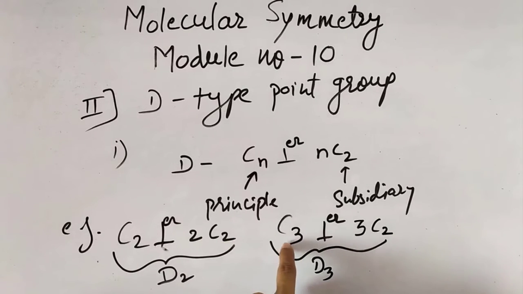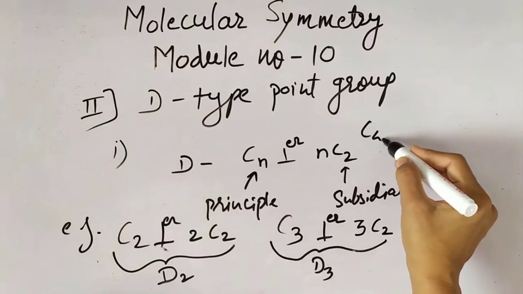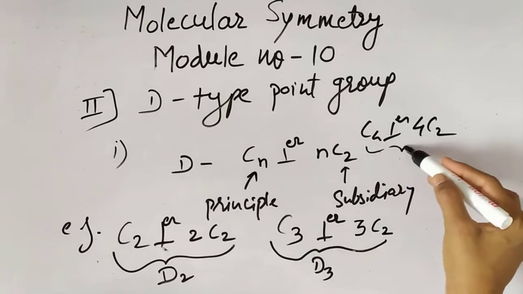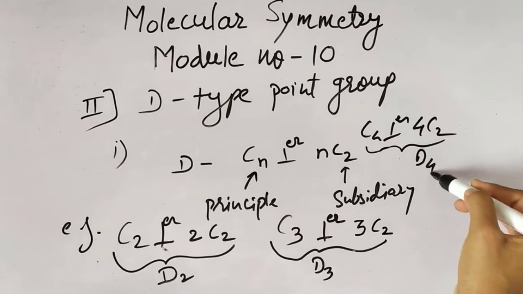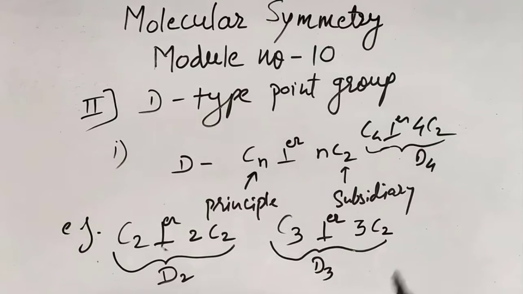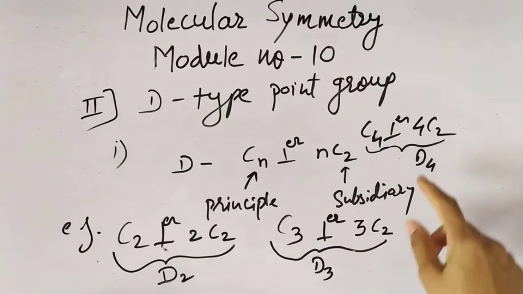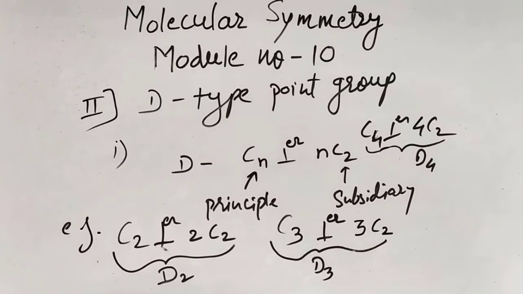Suppose I have C3 perpendicular to three C2s, then I will say that it is D3. Suppose I have C4 perpendicular to four C2 axes, then combinedly it will be called D4.